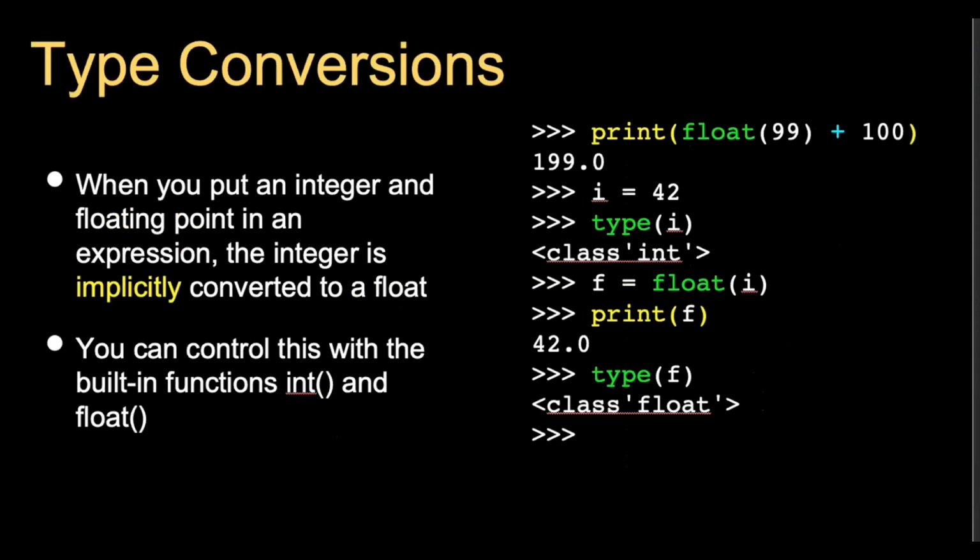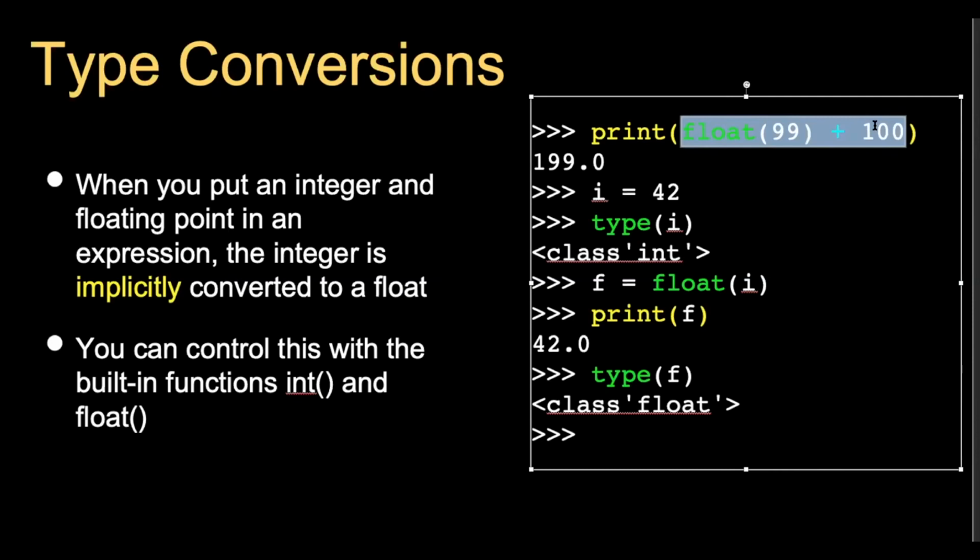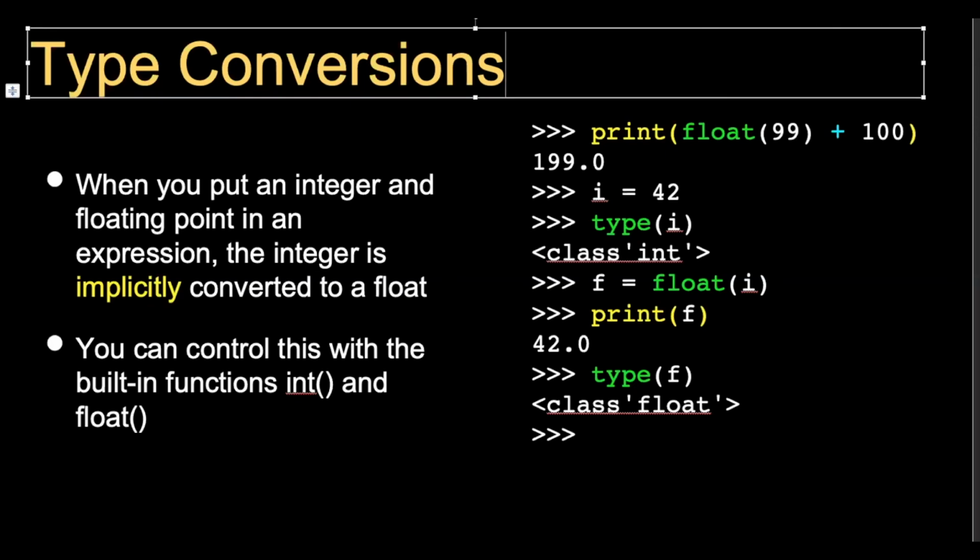Okay, type conversions. Now this is interesting. You can add both of these. So what happens is, like I said, float is of a much larger type than integer, right? So what would happen if you plus them? So this thing plus this, very simple. What happens is this 100, which you can think of as a smaller type that occupies only 4 bytes, but 99 is a float, right?